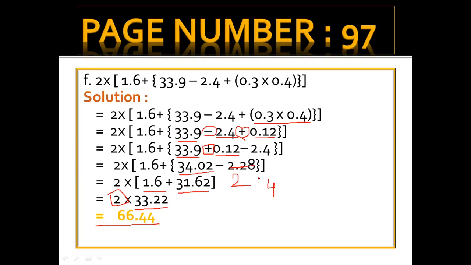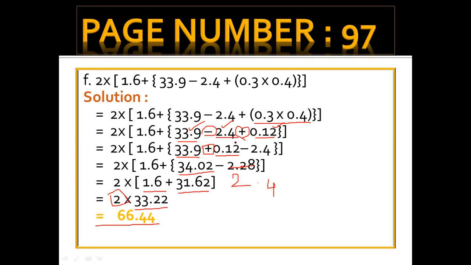Again I am explaining this question. 0.3 multiplied by 0.4, 0.12. In the curly bracket we have 33.9 minus 2.4 plus 0.12. But the sign of 0.12 is plus.